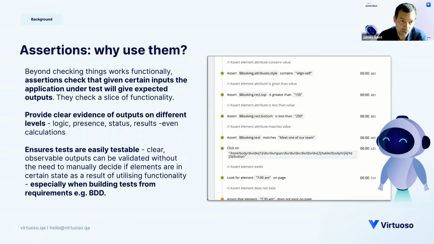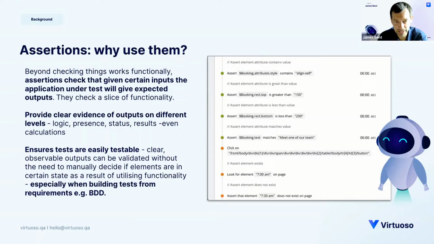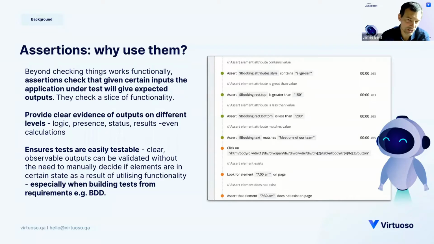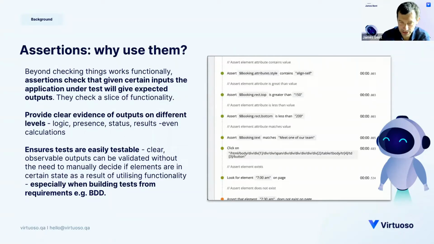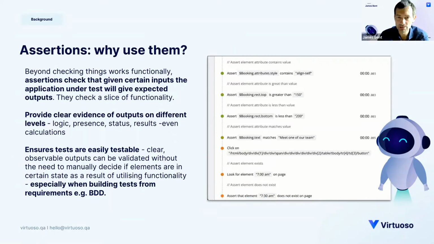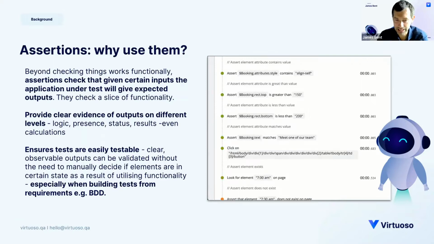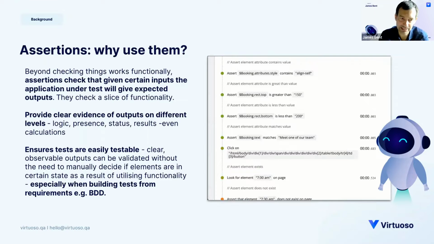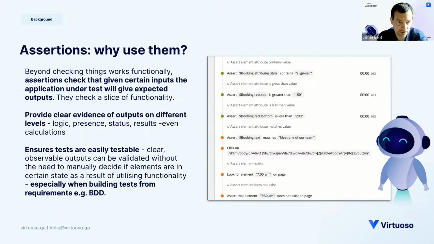But they also ensure that tests are easily testable. And this is an important topic in as much that when people say, how do you test the test? While assertions in themselves don't necessarily do that, they do enable you to check easily and visually. If an assertion has met an expected result, then it becomes easier to validate the actual test itself.